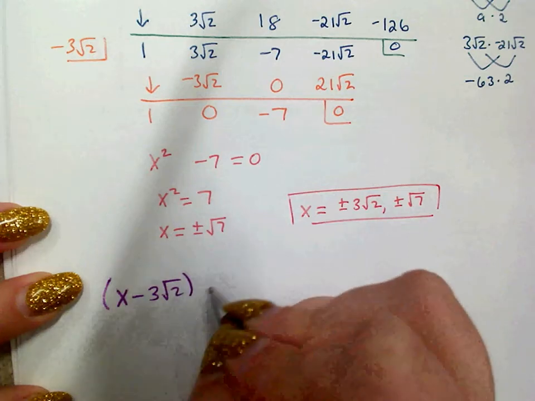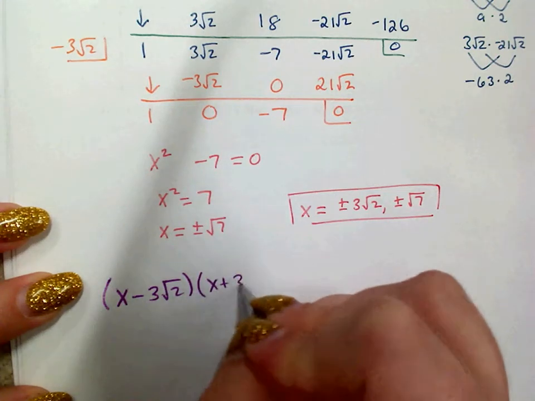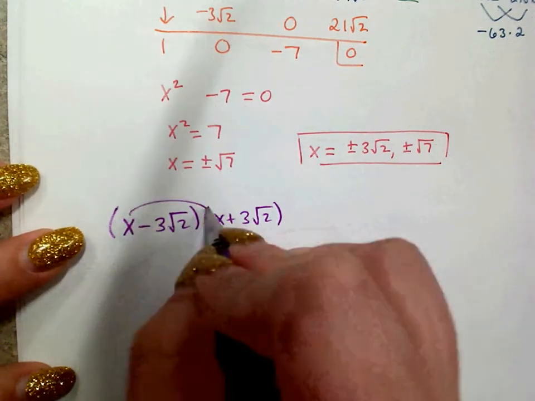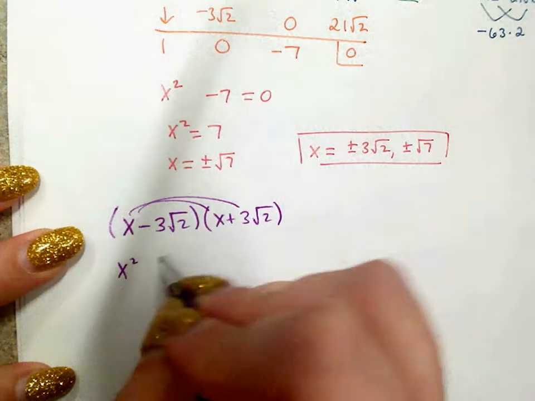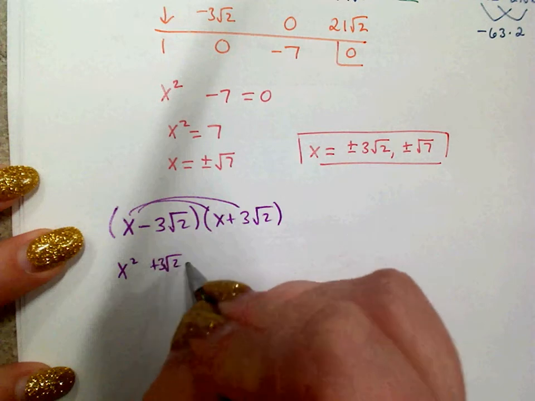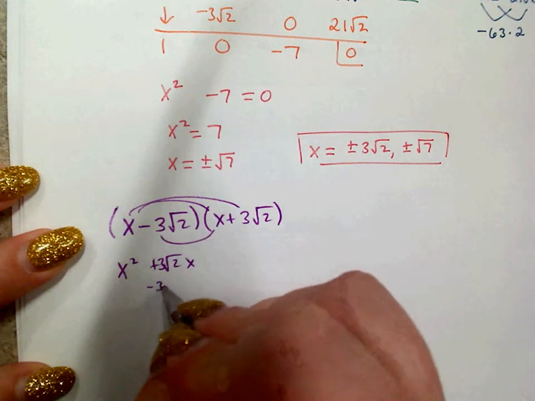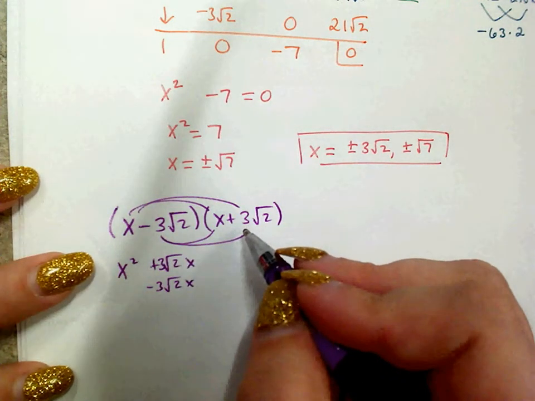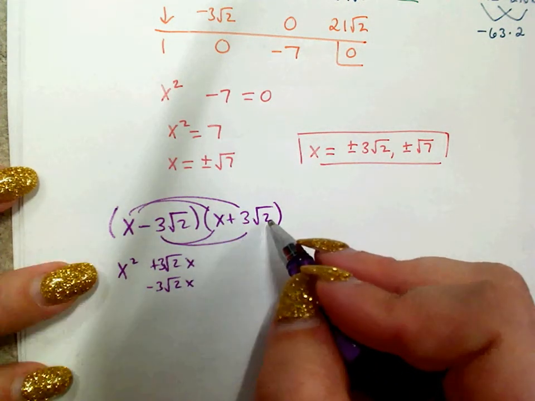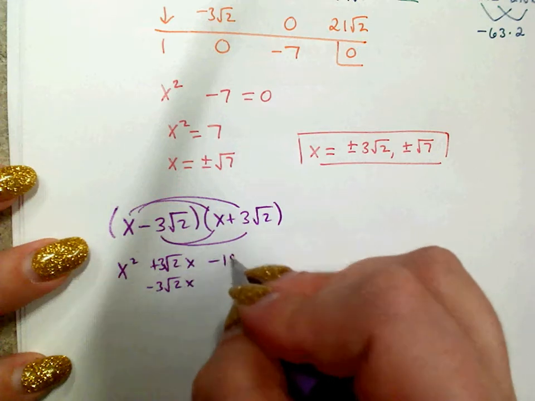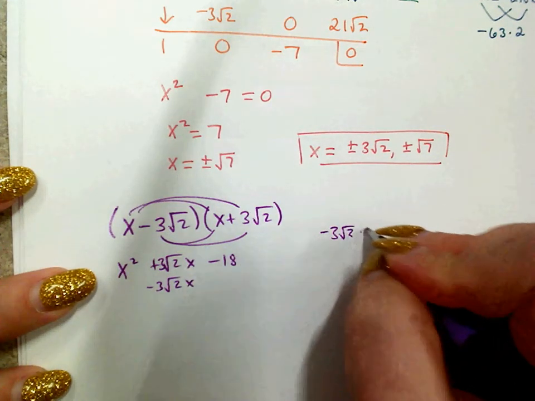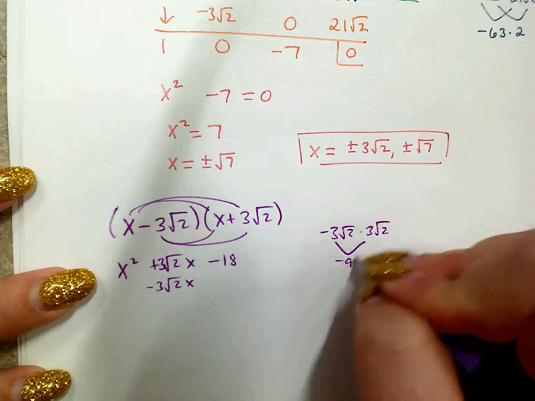So if I were to multiply those out, I would get x squared plus 3 root 2x minus 3 root 2x, and then a negative 3 times a positive 3 is a negative 9, and then 2 times square root of 2 times square root of 2 is 2, so that would be a negative 18. Negative 3 root 2 times positive 3 root 2. Negative 9 times 2.